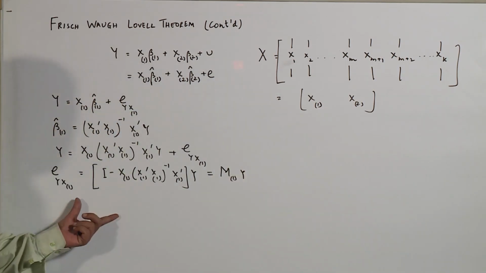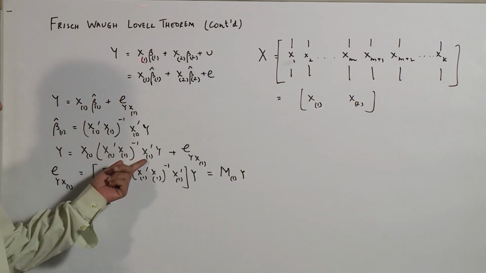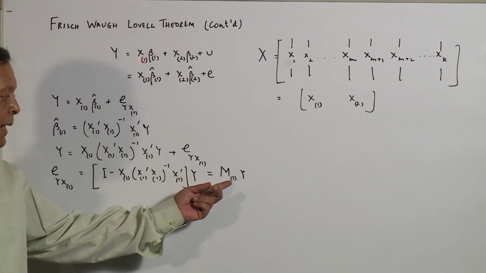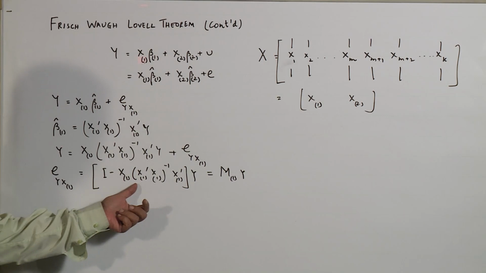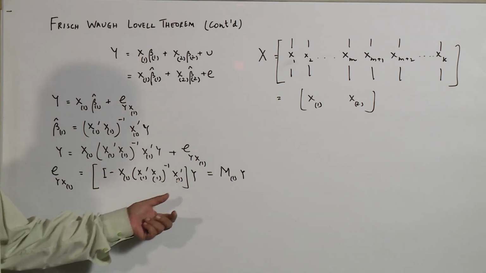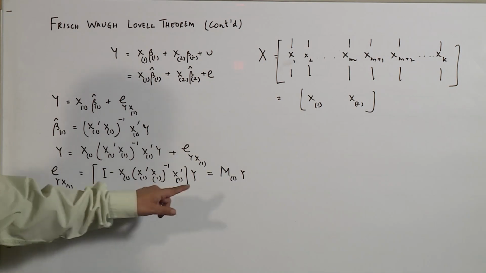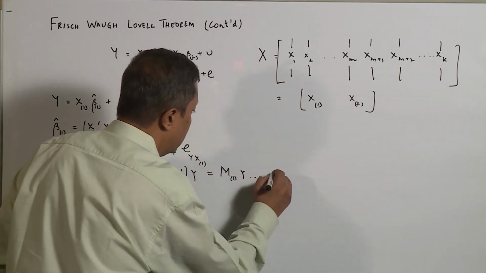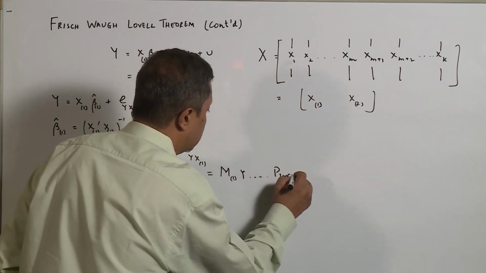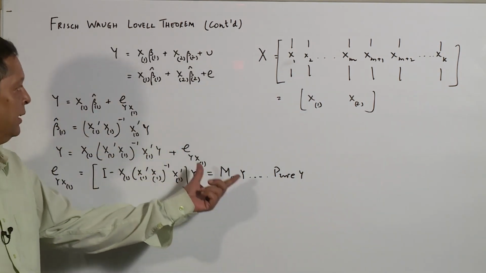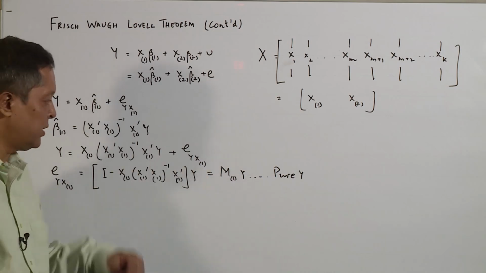The same principle: y regressed on x1, so that is the residue creating matrix M1, only instead of x, we have x1 here. So, that is the residue creating matrix, and that is nothing but pure y. Of what use is this? Let us see how we can use this.